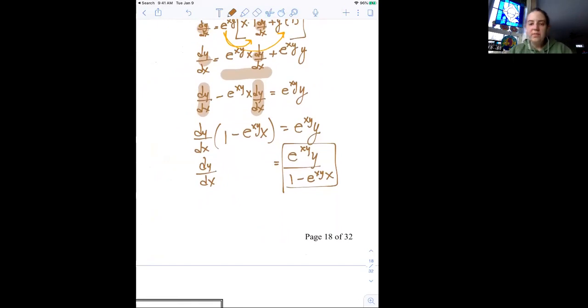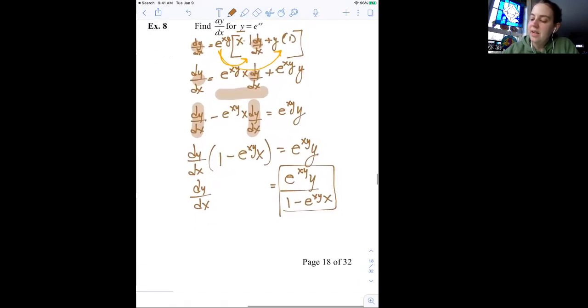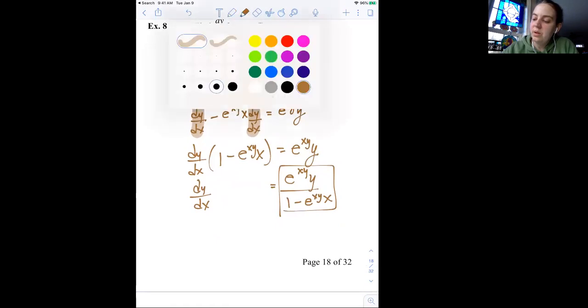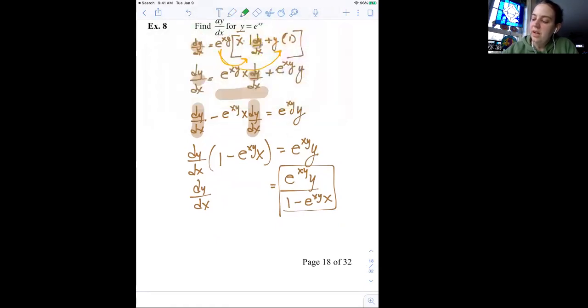Now, if you did this another way, if you'd found the natural log on both sides, you might have a slightly different answer. And that's because e to the xy is equal to, this is where calculus gets a little fun, e to the xy is equal to y. So you can actually substitute the original problem back in. I know it seems kind of goofy.